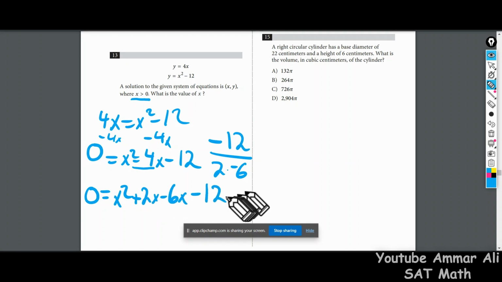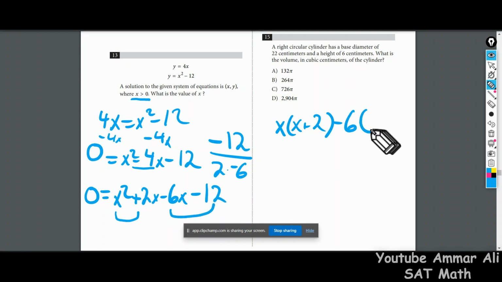Let's factor it from here. For these two terms, the common factor is x, so it's x times x plus 2. And for these two terms, the common factor is minus 6, so it's minus 6 times the quantity x plus 2.